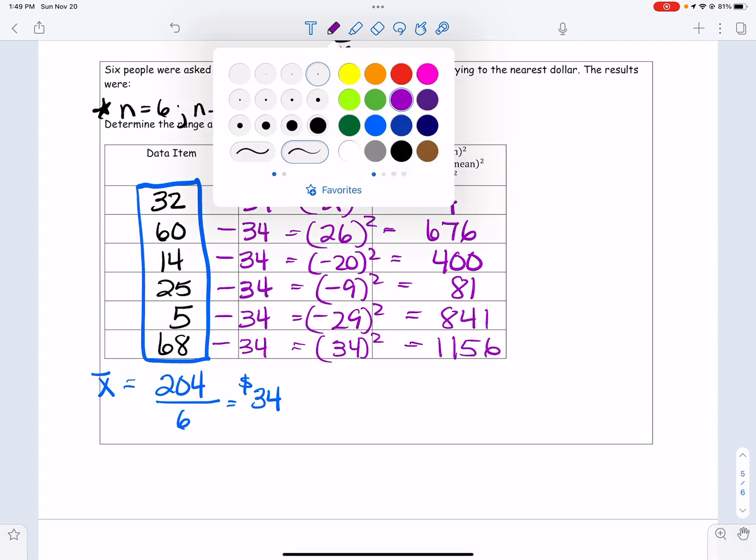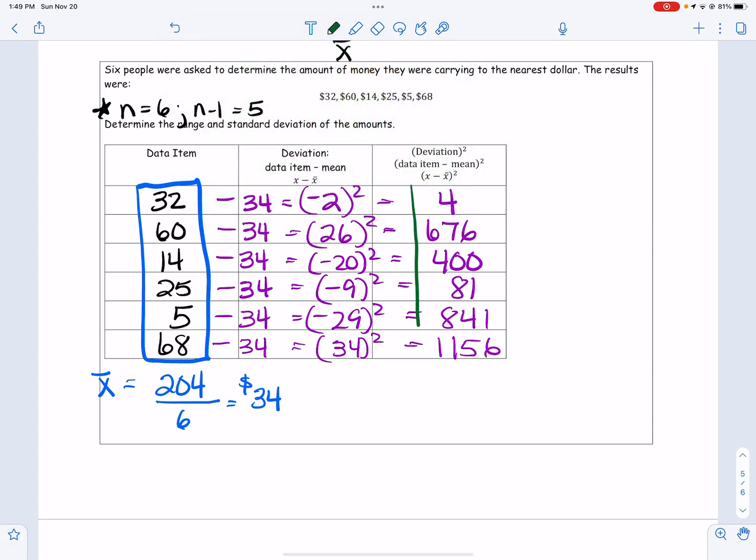And so now I am ready to add the last column up.